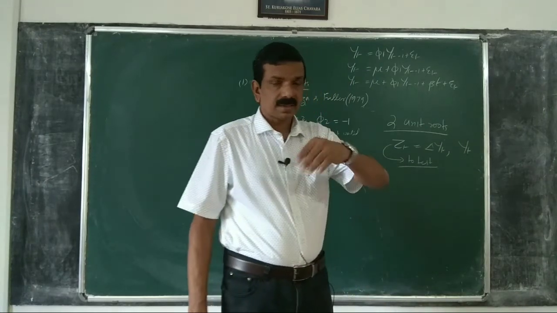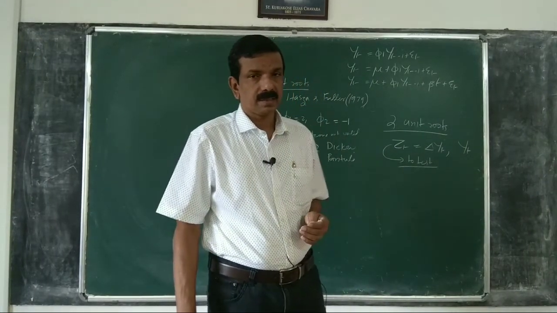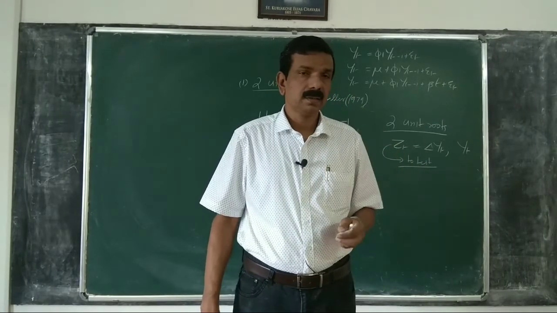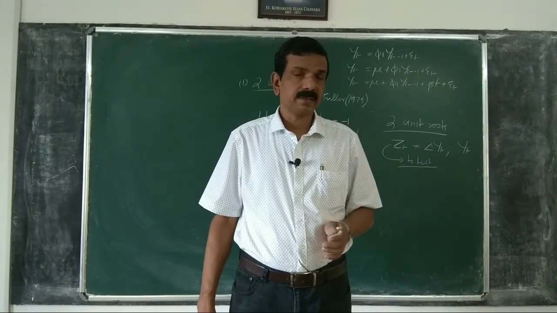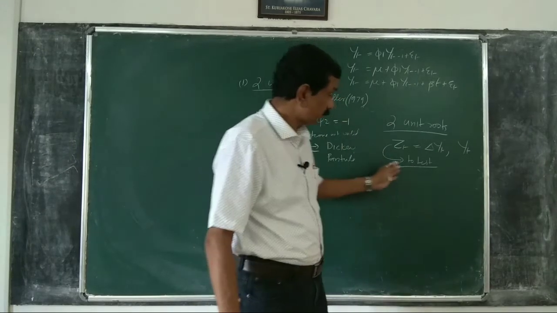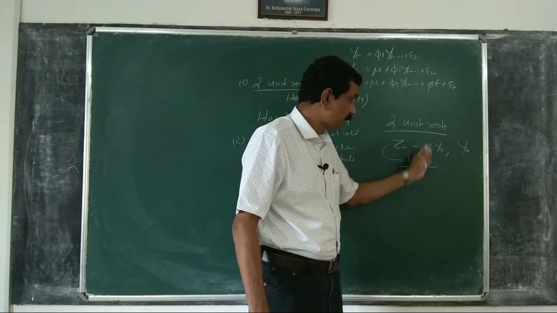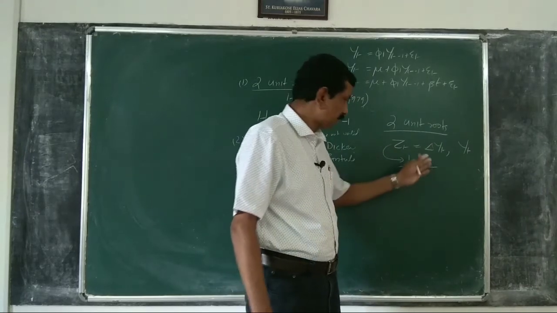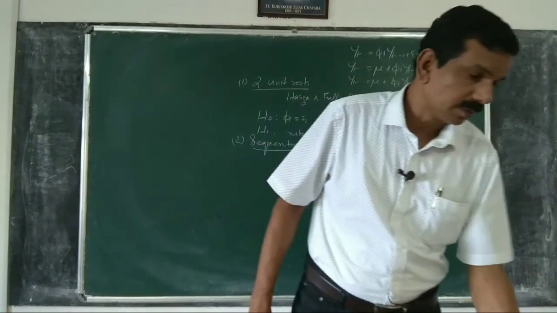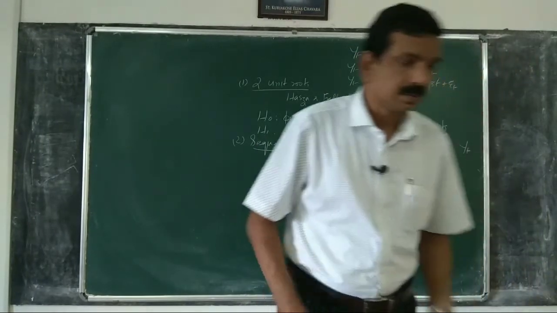So instead of testing for one unit root in yt, we test for one unit root in delta yt, based on the assumption that there was a unit root in yt. If this null hypothesis is accepted, we have two unit roots. If it is rejected, then it follows that there is only one unit root.